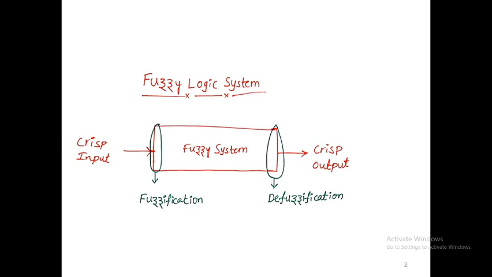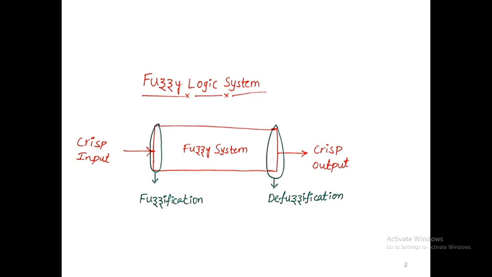Like that you can provide, and from that only you will get the output. By understanding the rules, it will give the output. Defuzzification also has a few rules that we'll see in a further session. So first we'll see fuzzification.